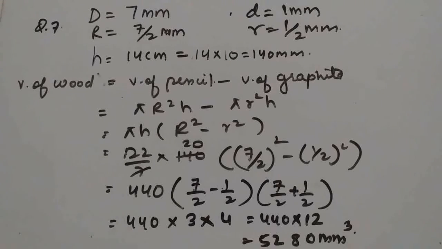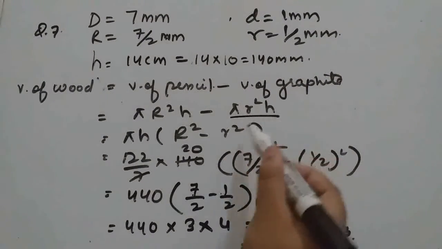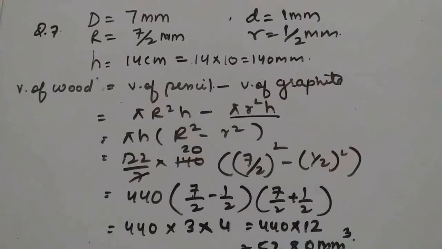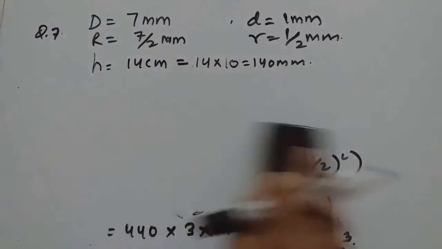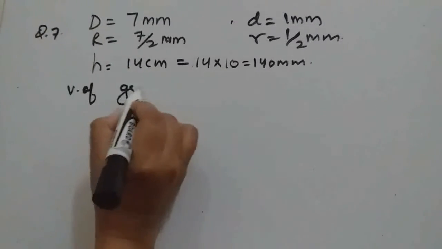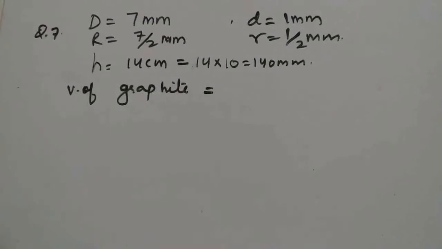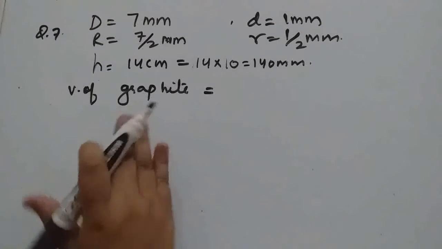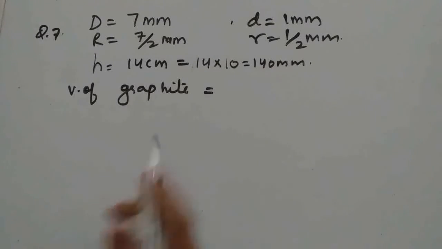Now in the question it is also given to find the volume of graphite also. So the volume of graphite, with 1 by 2, that also we can find. Or what we can do, the volume of the pencil we can find separately, the volume of graphite we can find separately, then we can do subtraction.